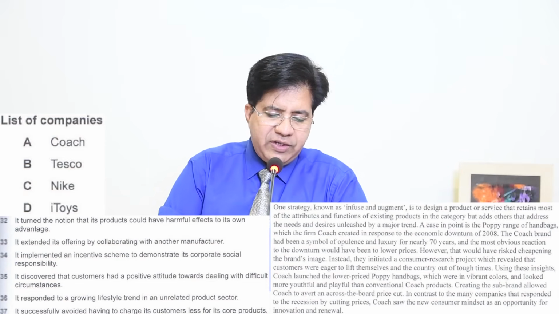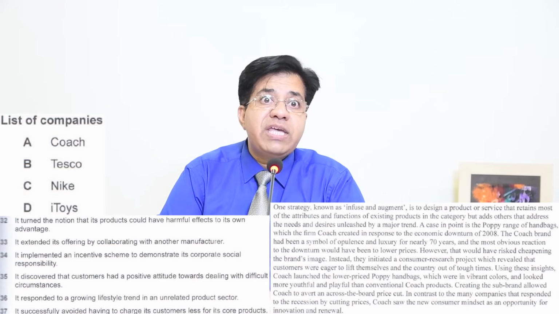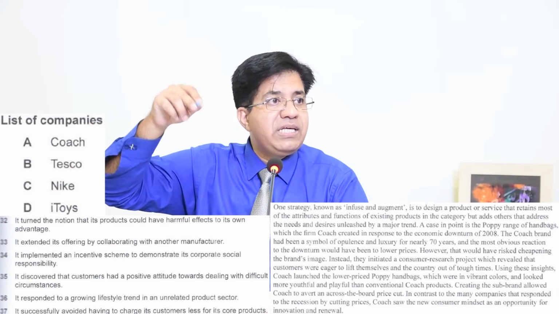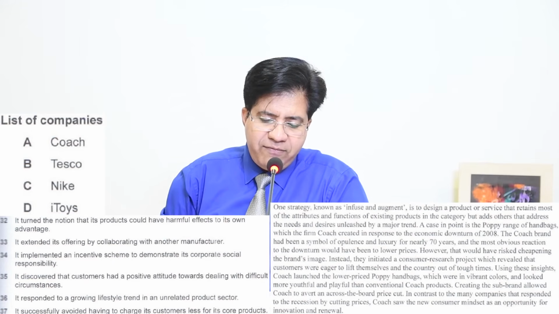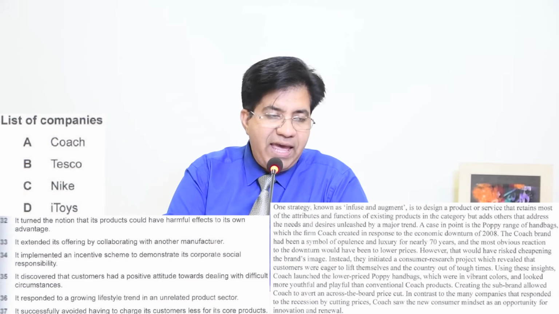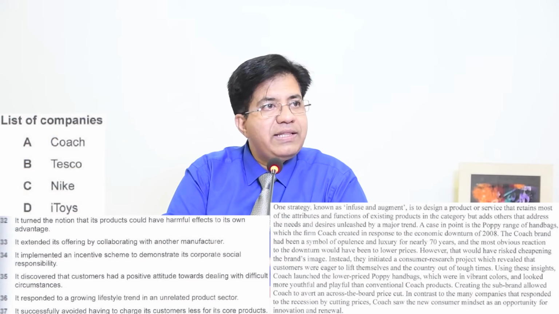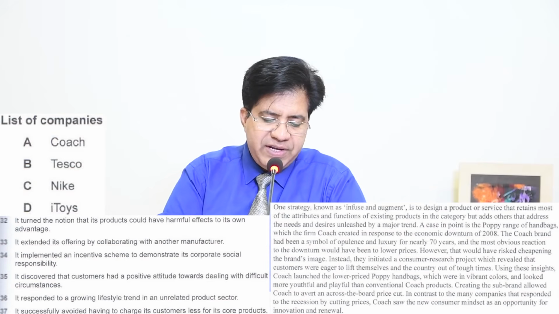Question number 32. Read the questions carefully because for other companies you need them. It turned the notion that its products could have harmful effects to its own advantage. Products could have harmful effects, underline that. Is this? No. Question number 33.